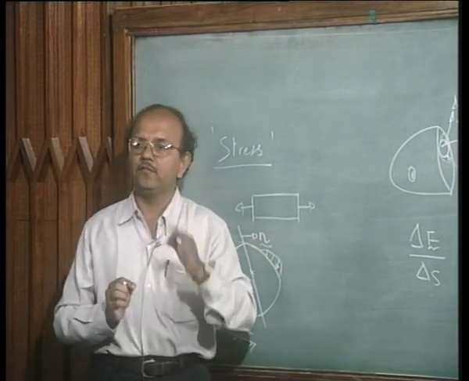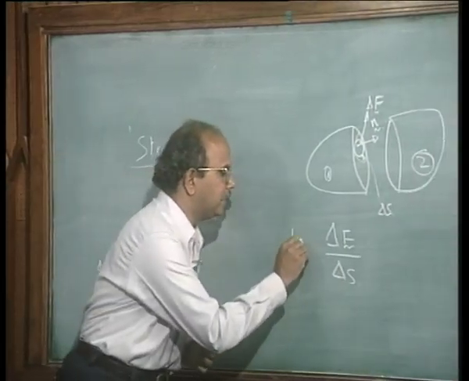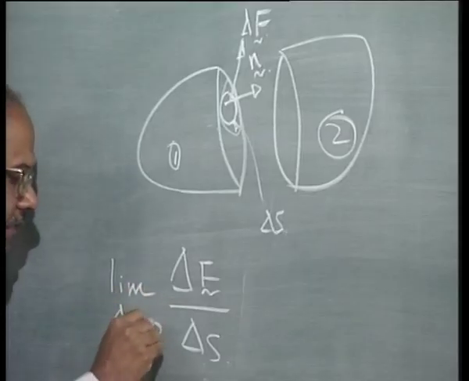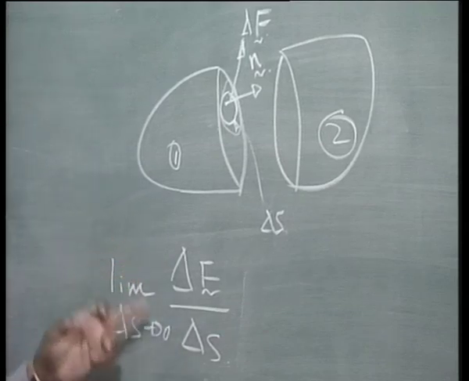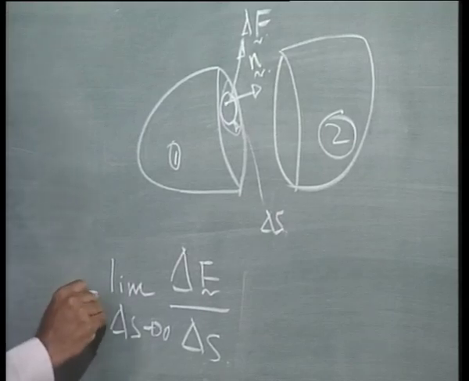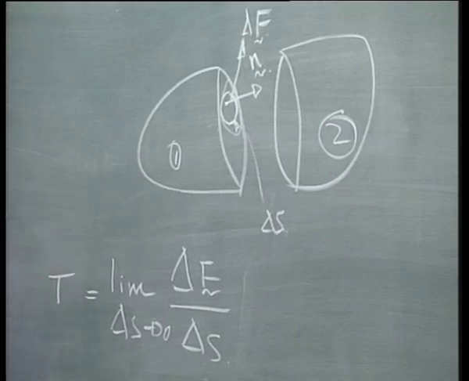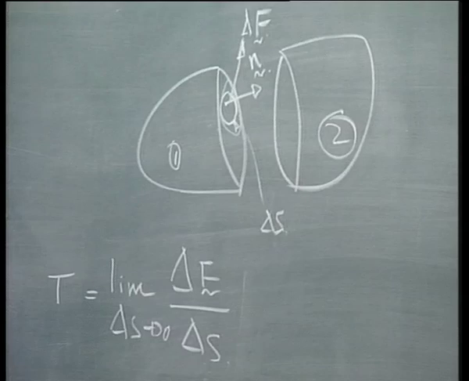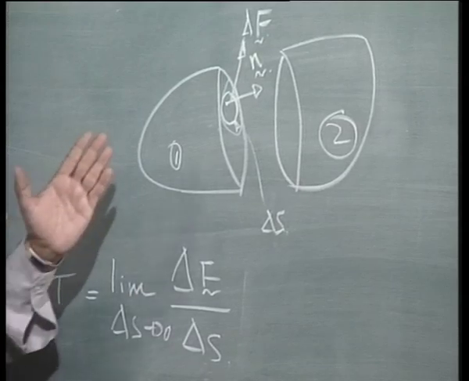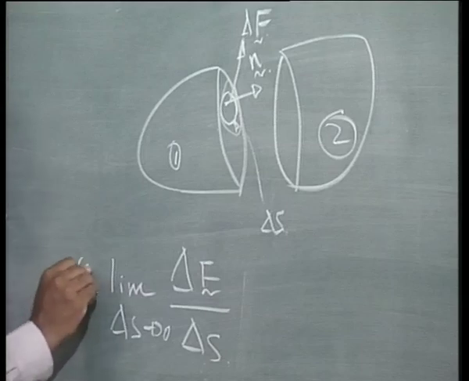So in order to alleviate that problem, I define a stress as the limit as delta S tends to 0 of delta F by delta S. This is what I define as a stress, say T. Since I have got this stress by cutting with a plane whose normal is n, I call this T with a subscript n.